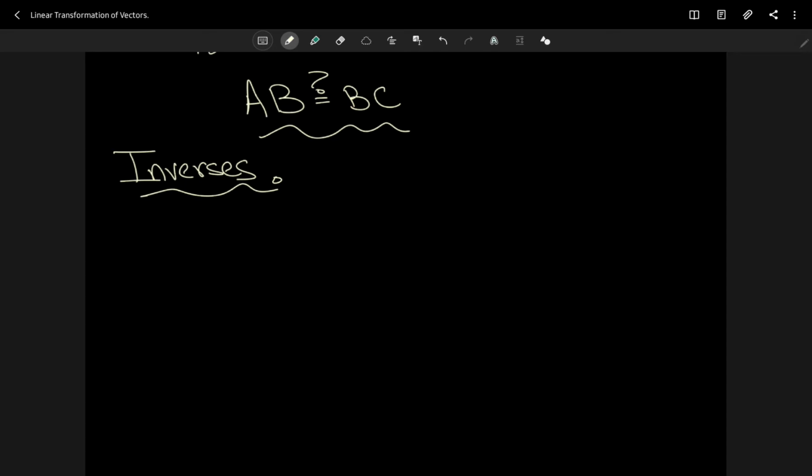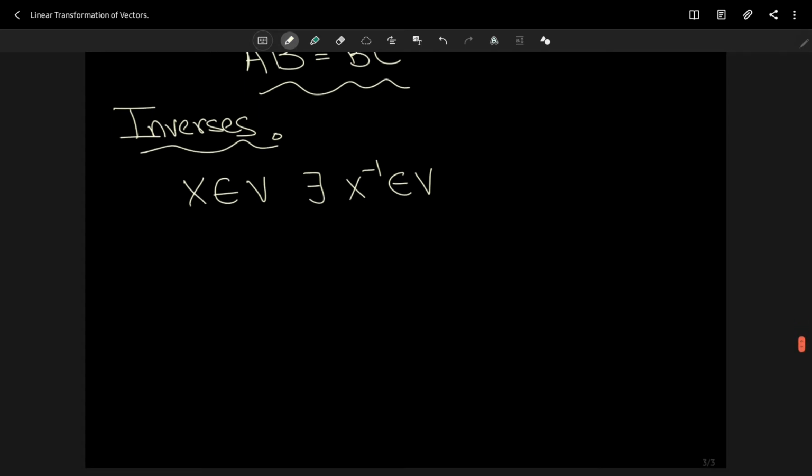So for vectors, we know that for any x that belongs to the vector space V, there exists some x inverse that also belongs to V. We talked about this in vector spaces.